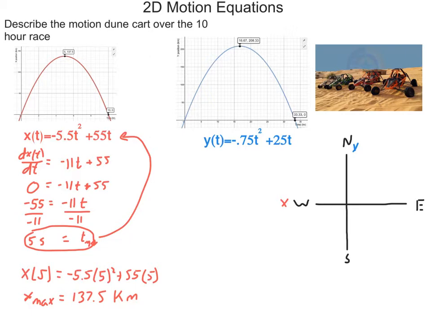Now, after you're finished sketching an x time graph, we would need to go through and redo it for the y so that we could sketch our y position graph, knowing where the maximums are, knowing where the zeros are, knowing if there are any inflection points, changes in acceleration. I'll do that rather rapidly so as to not just re-show what we've already done.